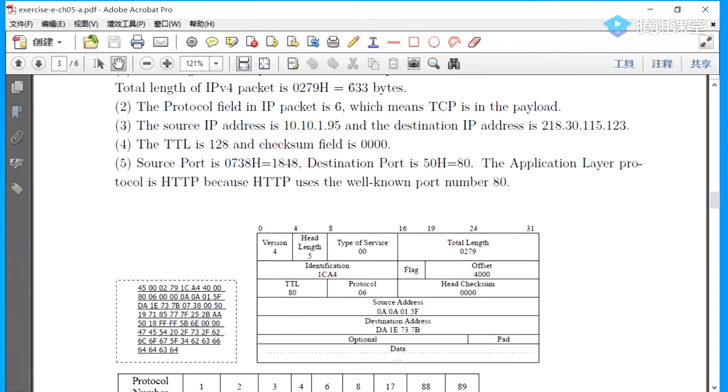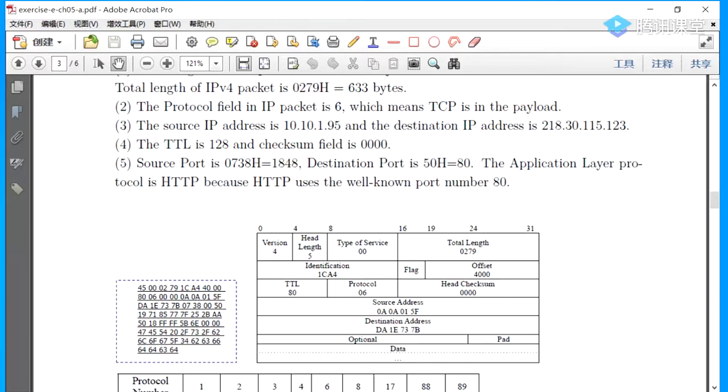With the same method, we can determine the decimal notation of the destination address. That is 218.30.115.123.